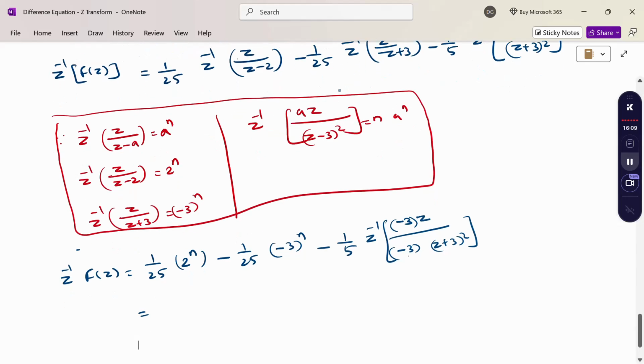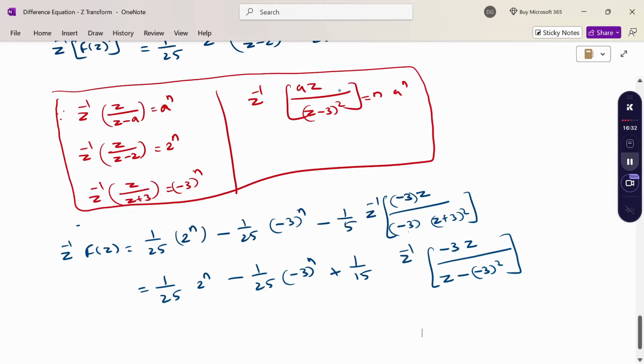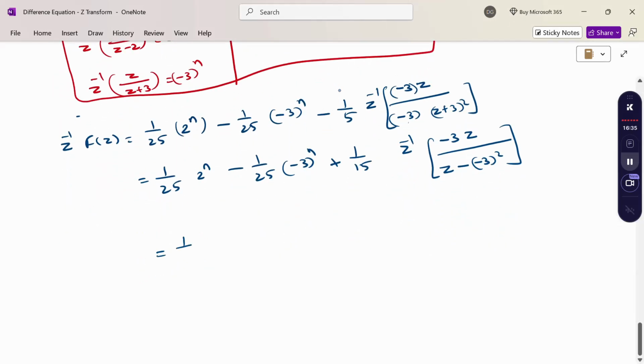Therefore this term is 1/25·2ⁿ - 1/25·(-3)ⁿ + 1/15 times this term, aⁿ, where a is -3, so (-3)ⁿ·n·aⁿ form.